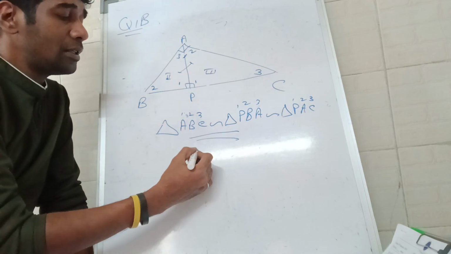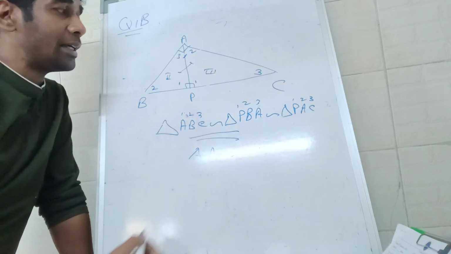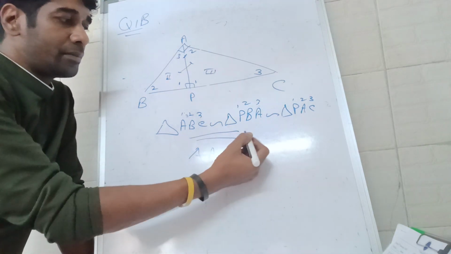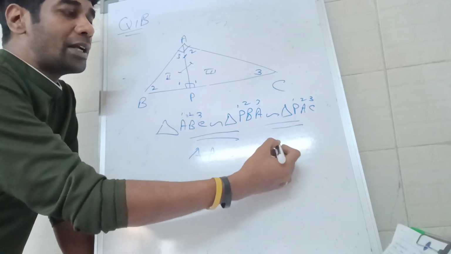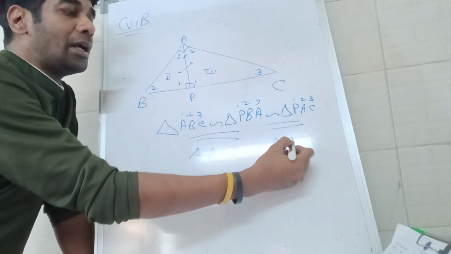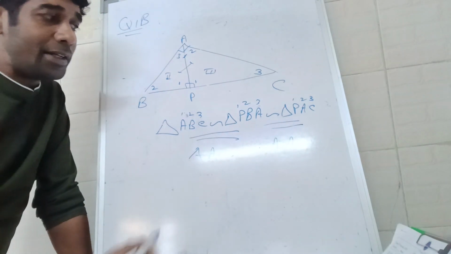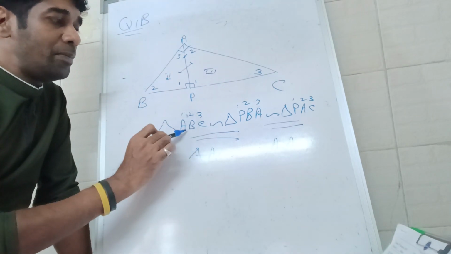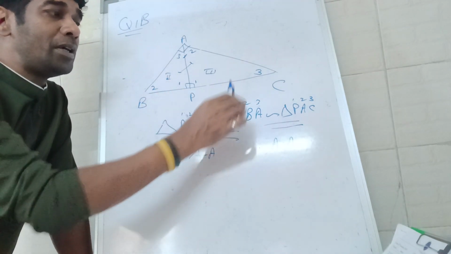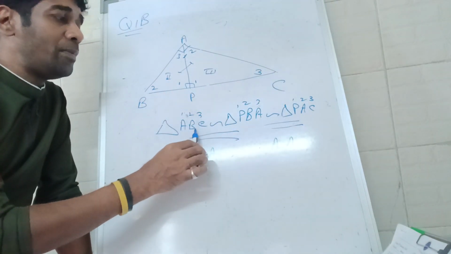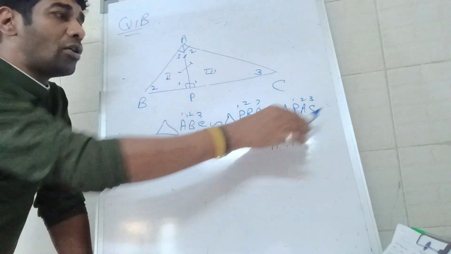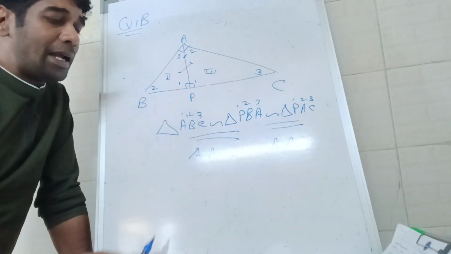These two triangles are similar by angle test, and these two triangles are also similar by angle test for similarity. When ABC is similar to PBA and PBA is similar to PAC, therefore ABC is similar to PAC. So all three triangles will be similar by angle test.